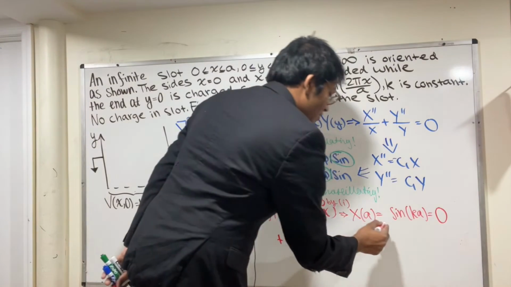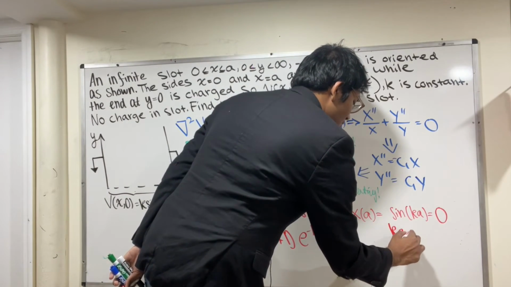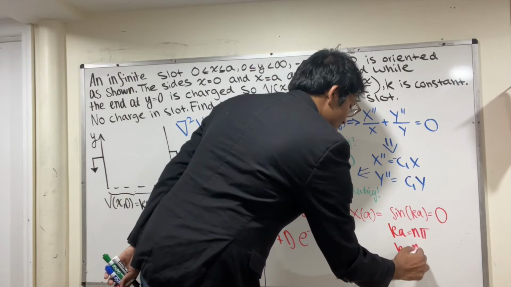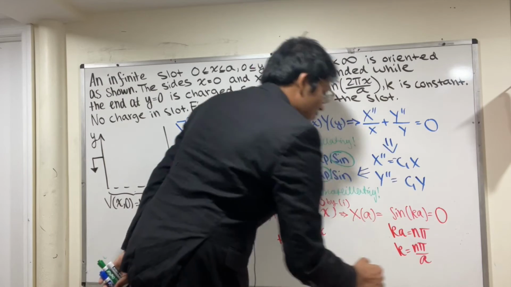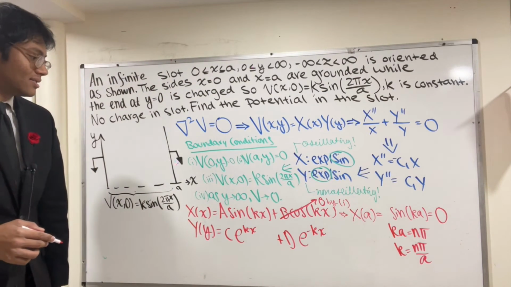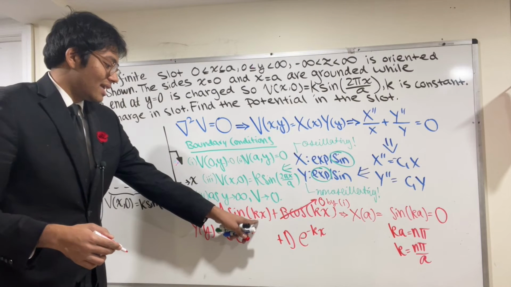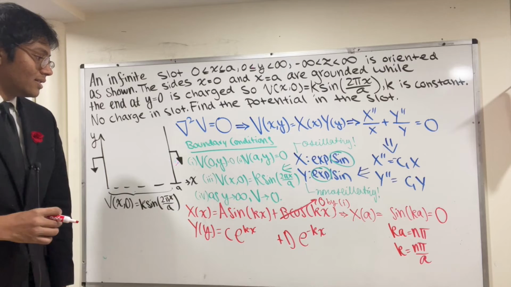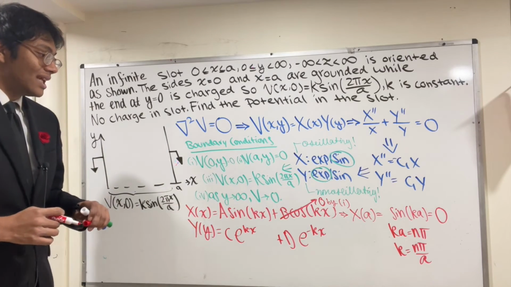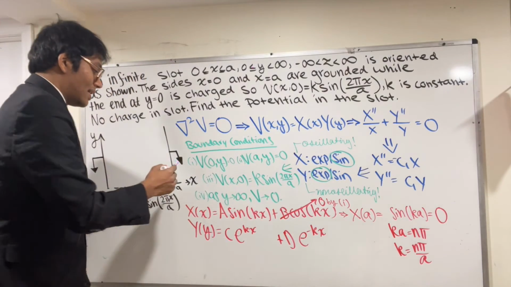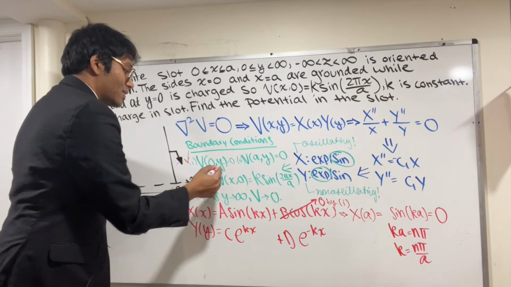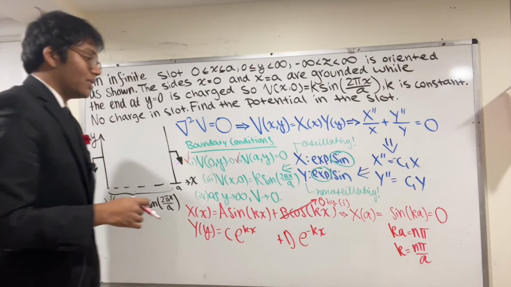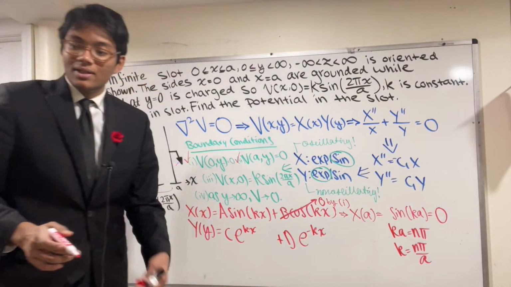Sine is 0 when its argument is a multiple of pi. That means we just figured out what k is. k is n pi over a. Now I can plug that value of k in here and here. We deleted one term, and so I have used boundary conditions 1 and 2. Success so far. Let me go ahead and erase some of the stuff we have.